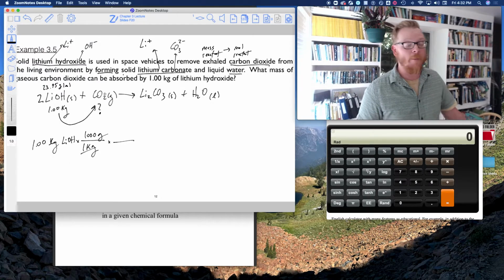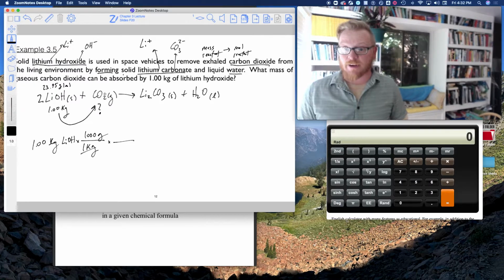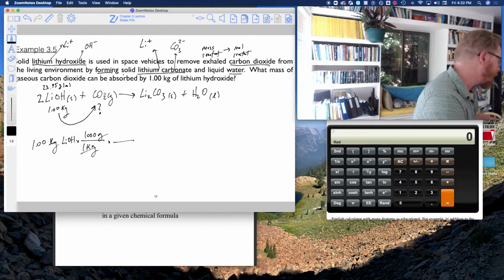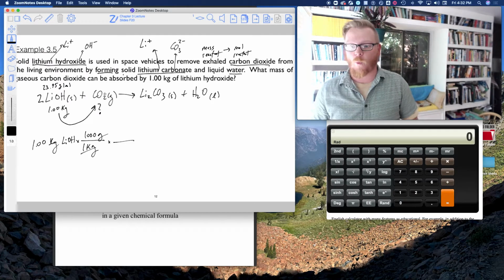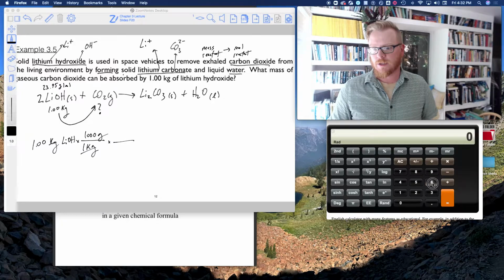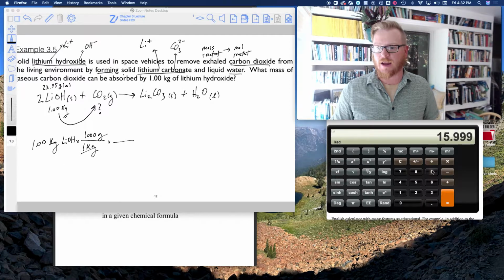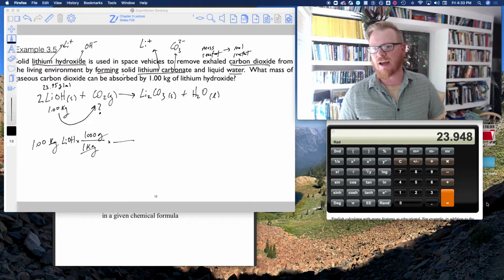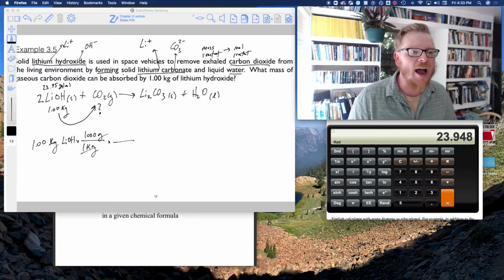I get that from 6.941 for lithium plus 15.999 for oxygen plus 1.008 for hydrogen. I wrote 95, but you can see it's 23.948. 23.95 is fine.